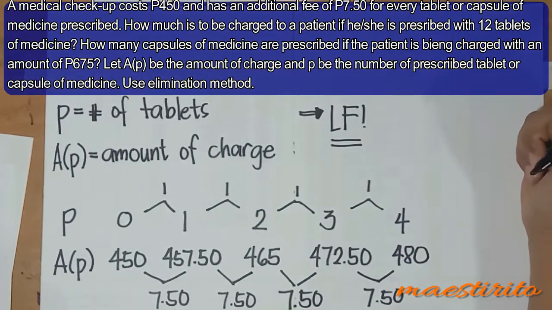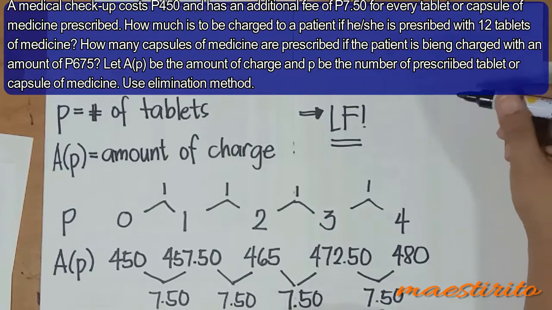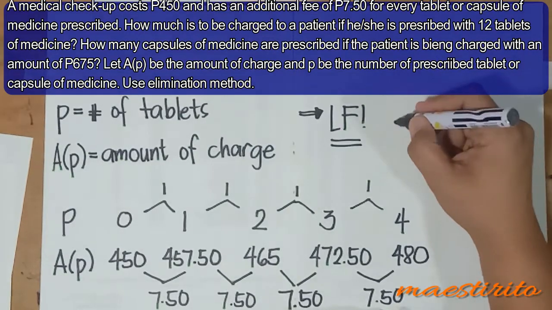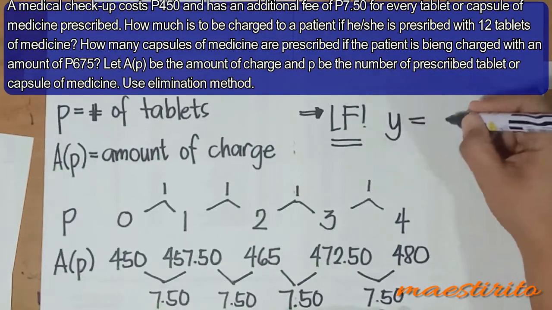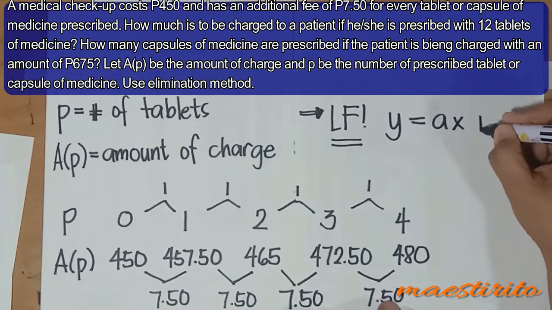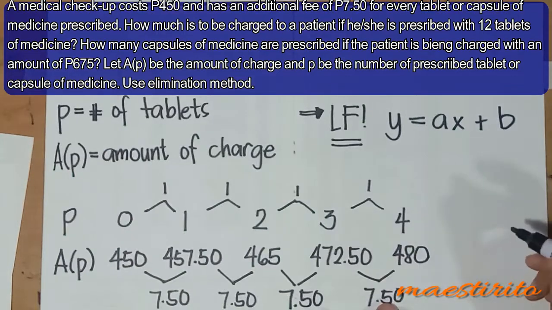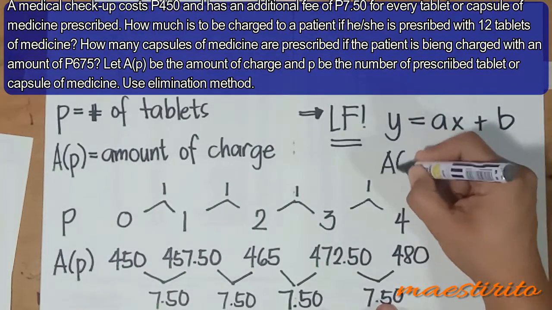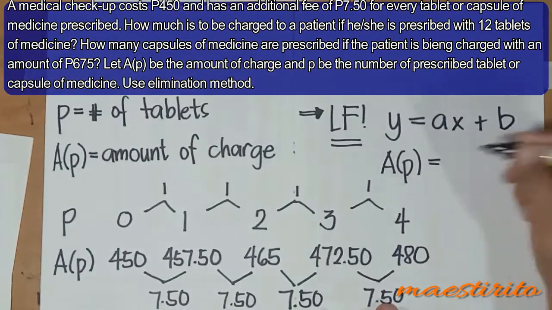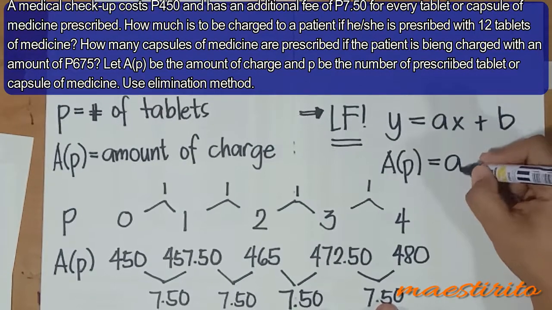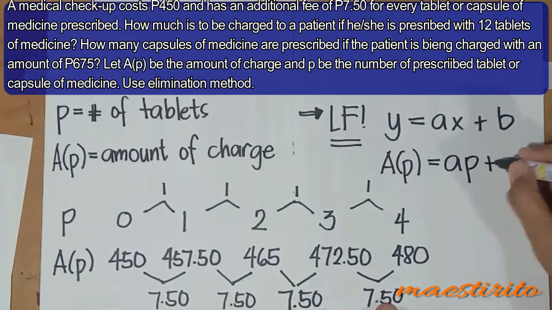Okay, so we must recall that for a linear function we are guided by y equals ax plus b. But in terms of the notations of this problem, our y would be A of P, so A of P equals a times P plus b.